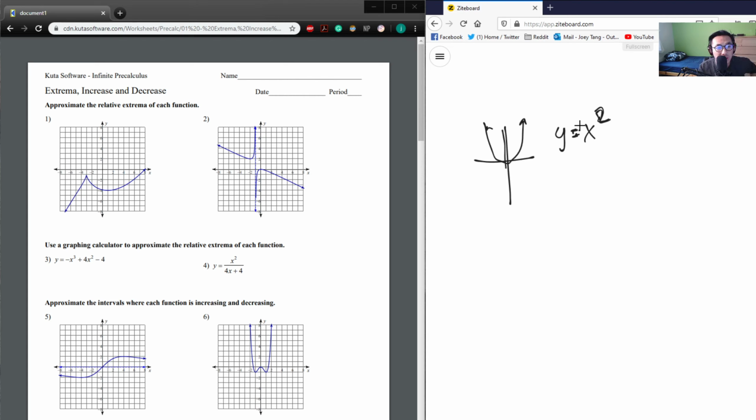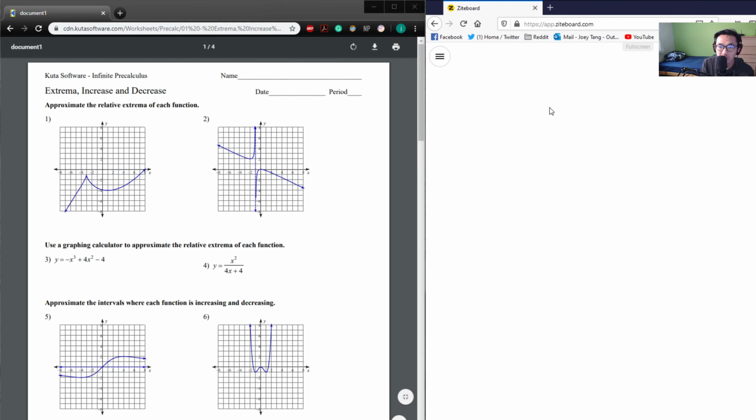Today we're going to jump into this concept of extrema, so increasing and decreasing functions. I'm going to erase this, and I'll define some terms before we start. When we talk about extrema, we're talking about minimums and maximums, and we're already familiar with these terms.